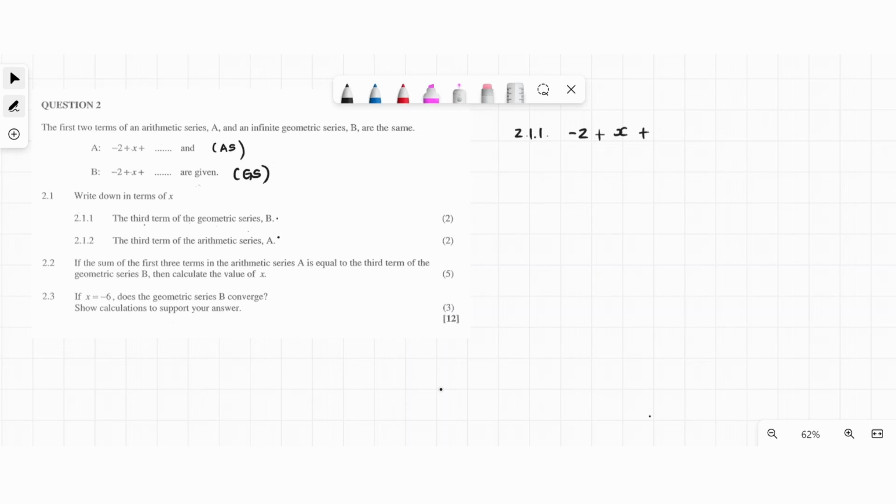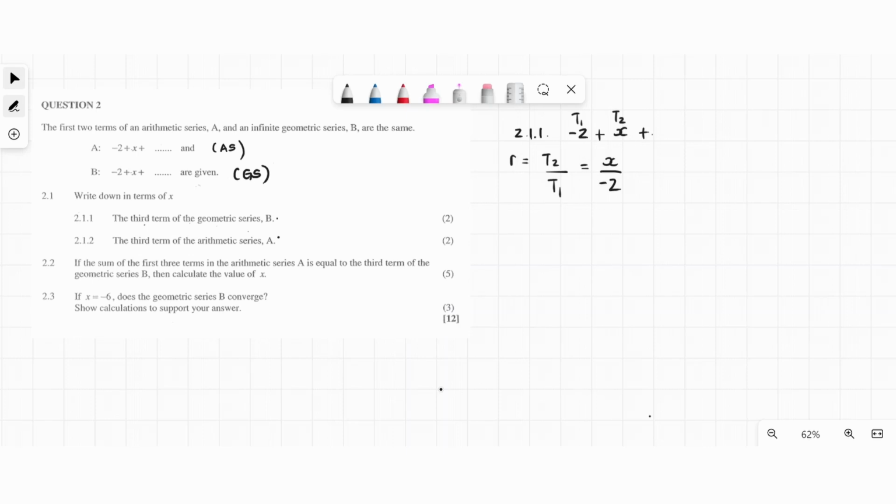Right? So what do we know? To find the next term, we need to first find r. So r is the same as what? T2 divided by T1. This is T1 and this is T2. So it's going to be x divided by -2. So this is going to be your r.